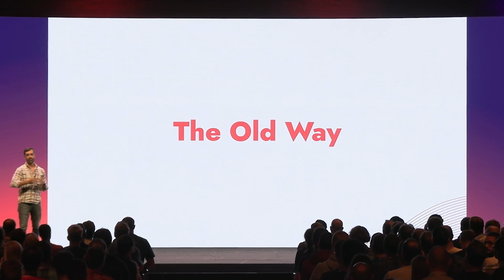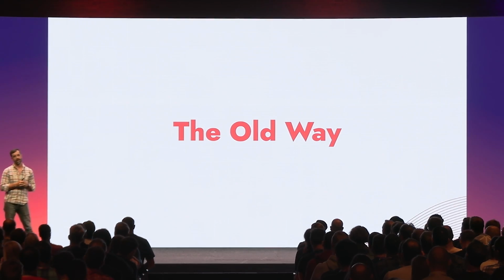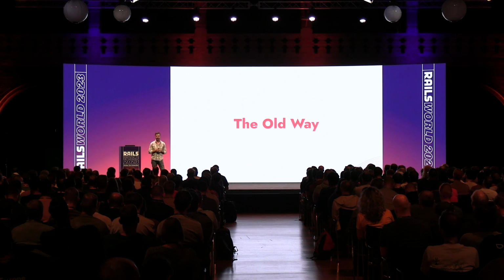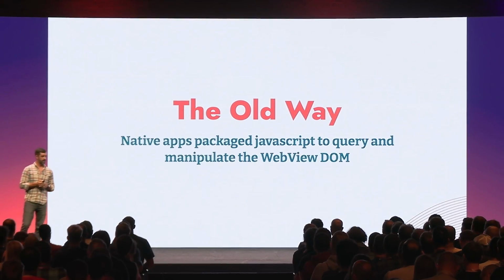So for a long time, we built our apps on the Turbo libraries, Basecamp and HEY primarily. And we knew we needed a way to communicate from the web view back to the native app, and then from the native app back to the web view. And we went through several approaches and mistakes along the way.